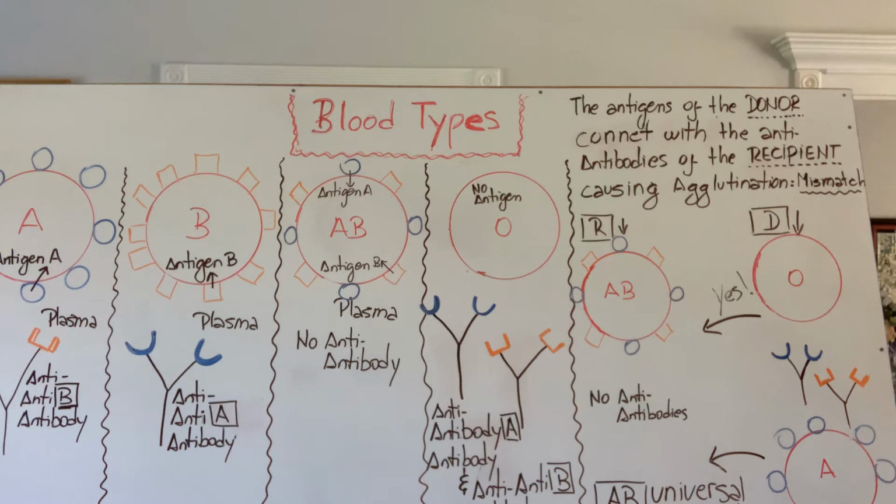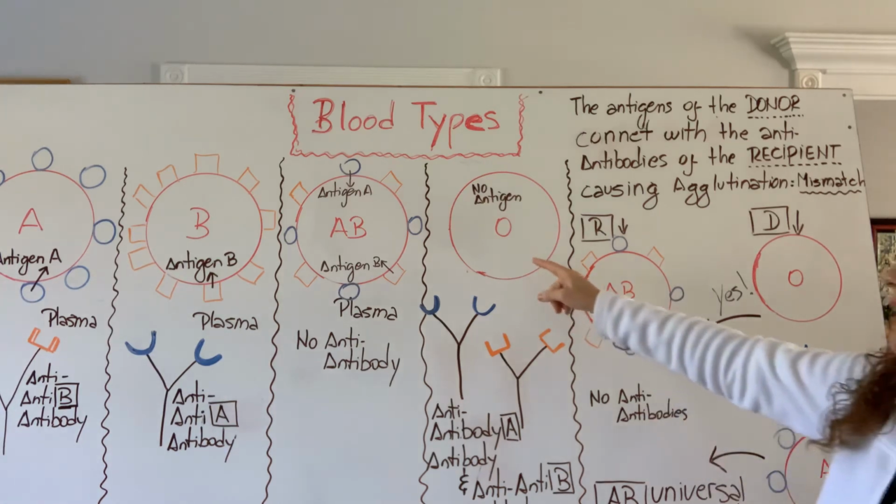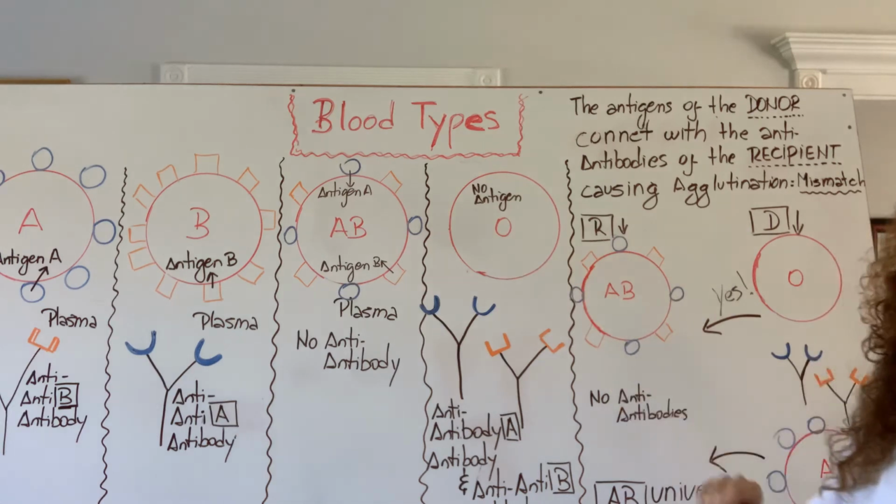Now, with the same concept, I invite you to play with different kinds of recipients and different kinds of donors. In the next video, I'm going to play with other different scenarios. And pay attention that in this video, I didn't include a third antigen possibly found on the erythrocyte surface.